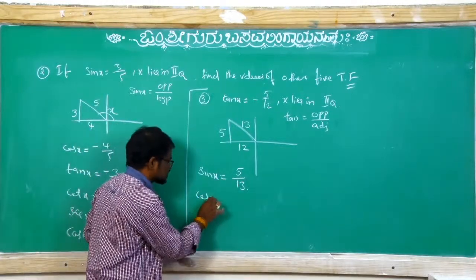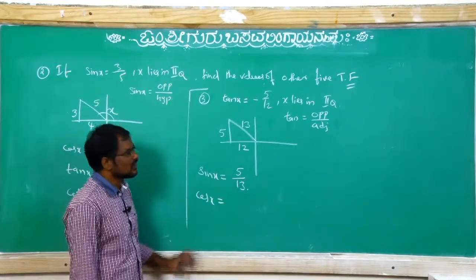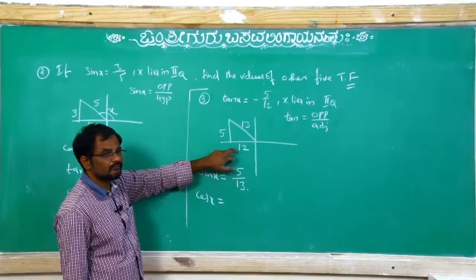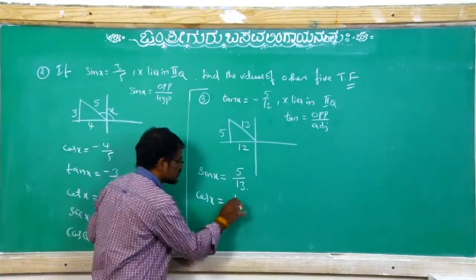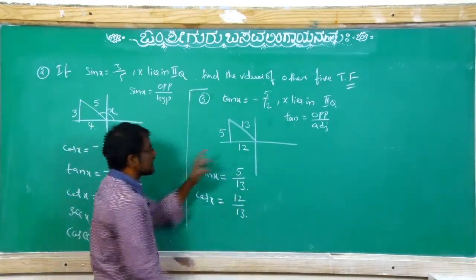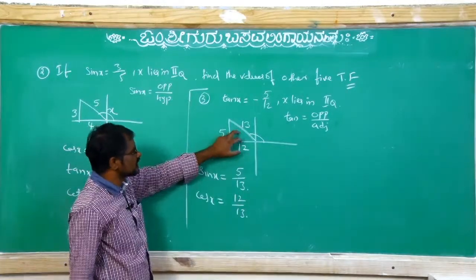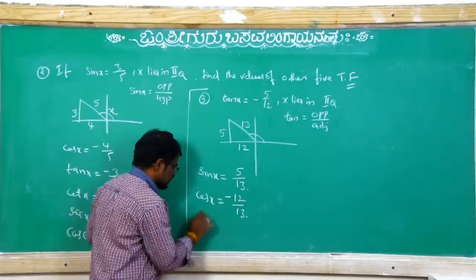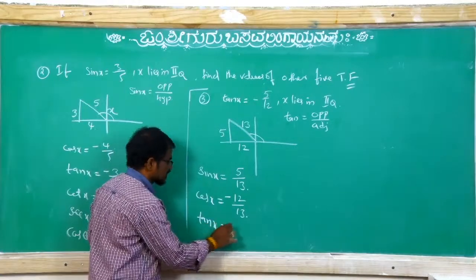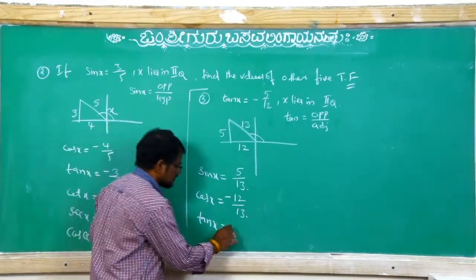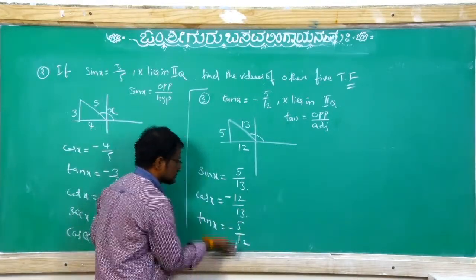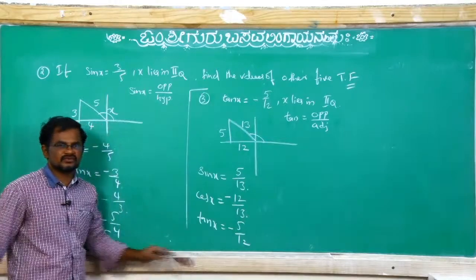Next you take the cos x. Cos x equal to adjacent side by hypotenuse, means 12 by 13. X lies in which quadrant? Second quadrant. In the second quadrant cos is negative. Next tan x is already given, 5 by 12. Remaining, reciprocals of these you take.